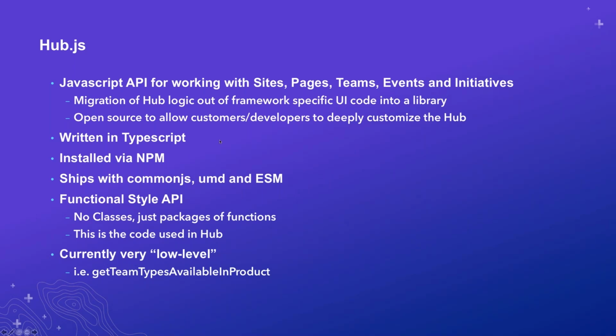This stuff is written in TypeScript. That's pretty much standard across Esri these days. You install it via NPM. And when you do the NPM install of these packages, you get three actual things you can work with. There's a CommonJS build, which is for working in Node. There's a UMD build. This is if you want to just write vanilla JavaScript or you're using a require-based system.